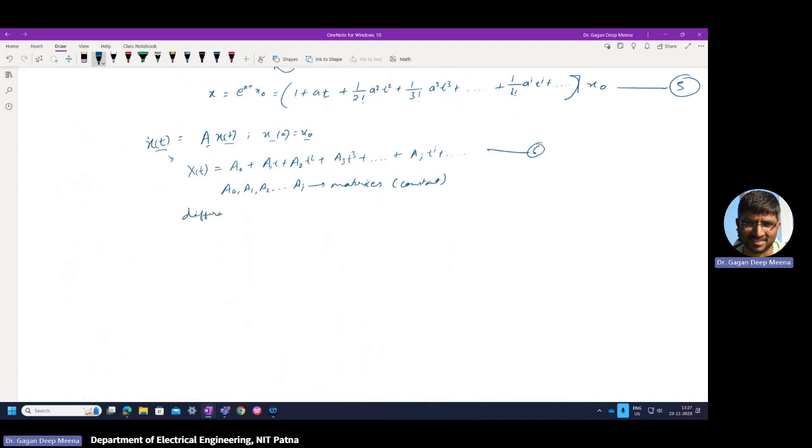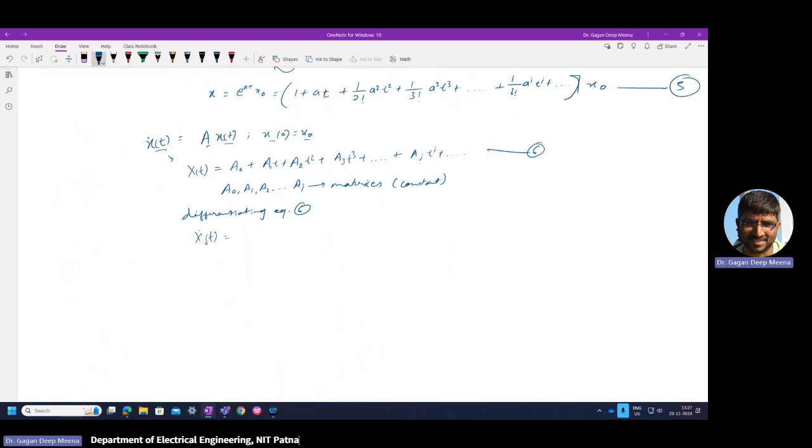Now when we have this equation number 6, if we differentiate it, we will get x dot. We had x of t written in the series form, inspired from the above solution, and now we are differentiating this.